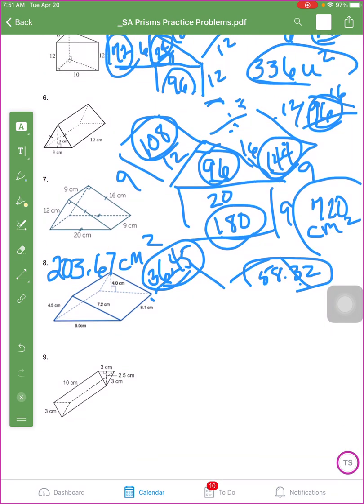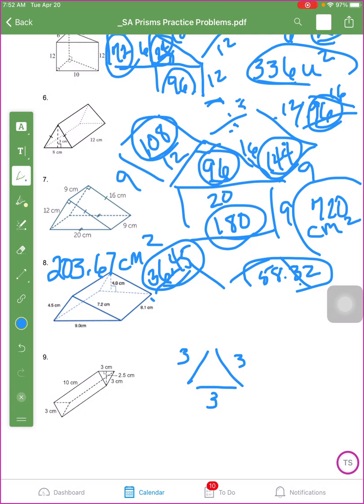All right, so for the last one, once again, we have a triangular prism. So I'm going to start out by drawing my little triangle here. My goodness, that's a little triangle. Looks like it's an equilateral triangle because all the sides are 3.